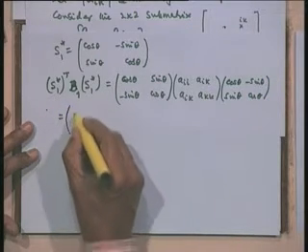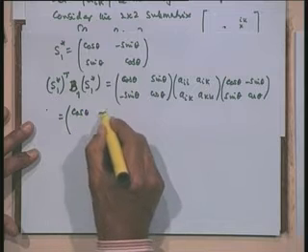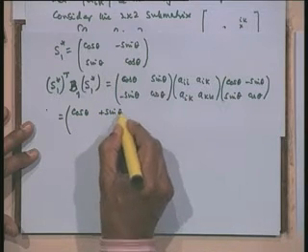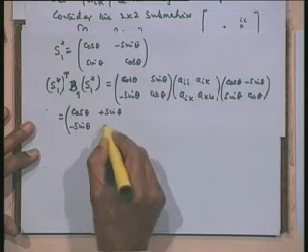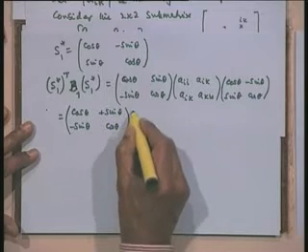Now, let us multiply it out. This is cos of theta, sin theta, minus sin theta, cos theta.